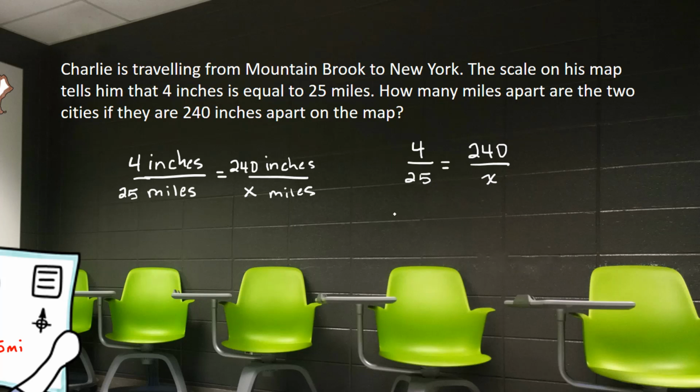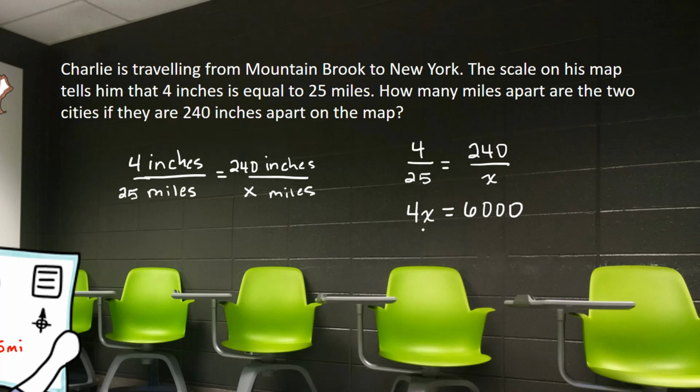I'm going to cross multiply. And when we do that, we get 4x, because I just did 4 times x, and that equals 25 times 240. I'm just going to do that in my head. No, I'm teasing. I put that in my calculator. It gets you 6,000.